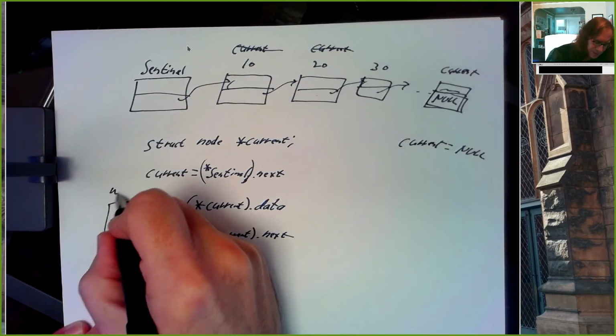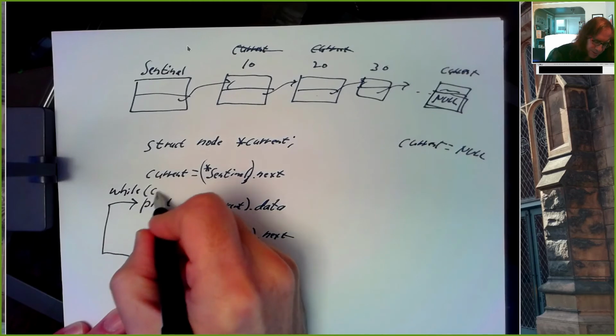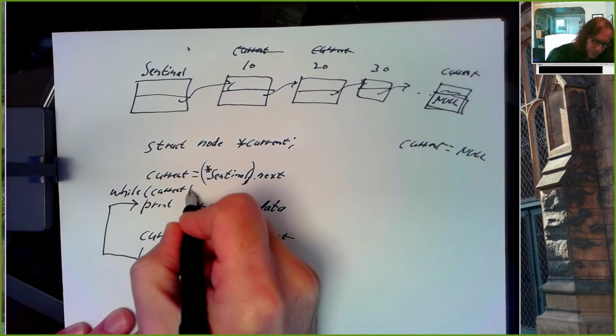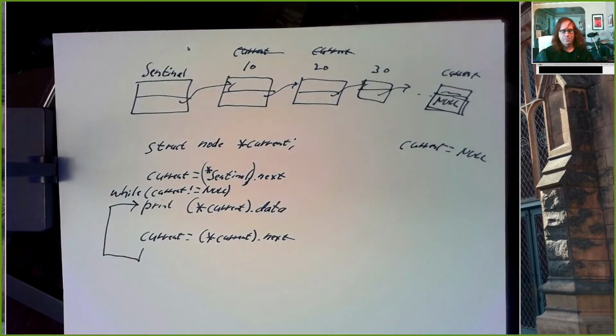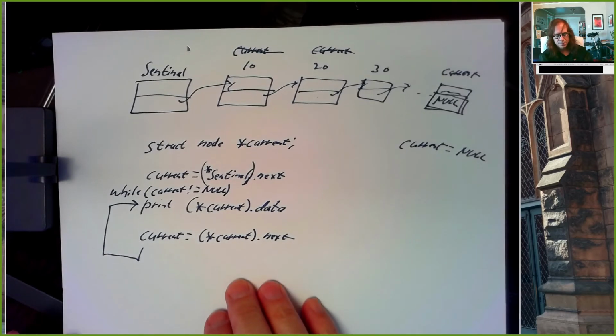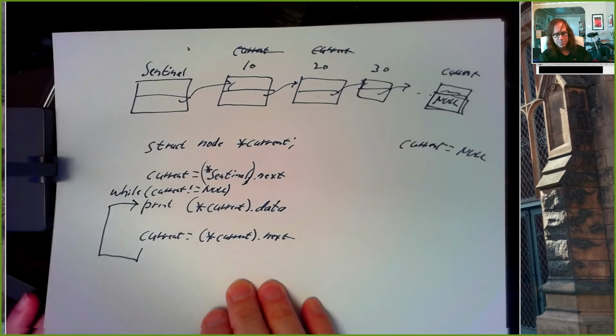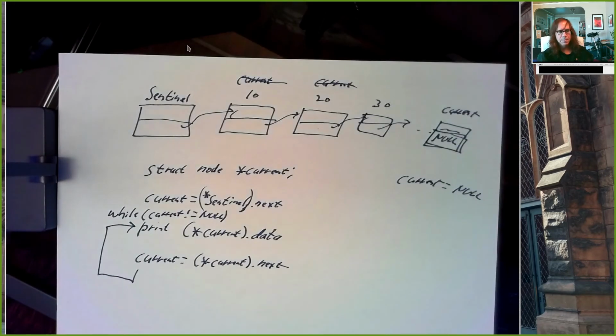And so we can put this all in a while loop: while current is not equal to null. All right, questions so far?